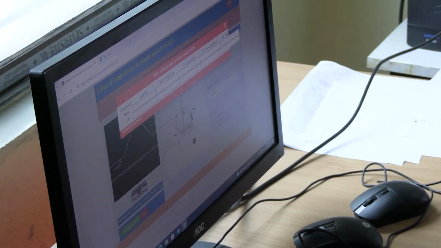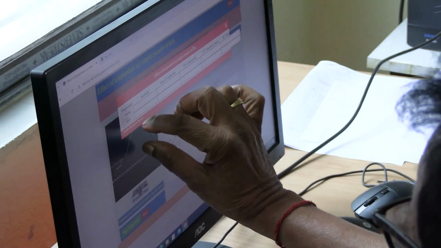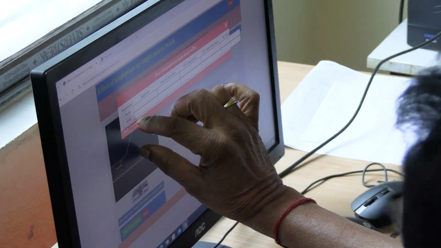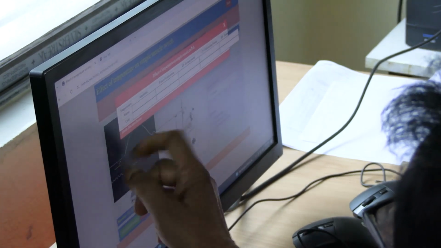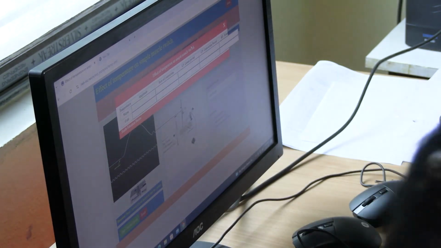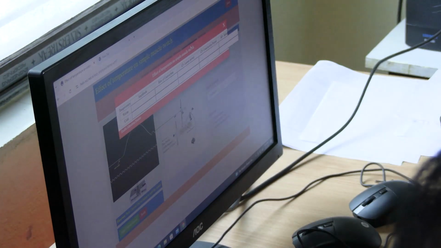Rate of contraction. Any doubt? You are having doubt? I said how you will calculate it. For this, you require the distance. How will you measure, in millimeter or centimeter, using the scale. And you know the time. This is the time taken for contraction, and how much contraction is made, this much distance.